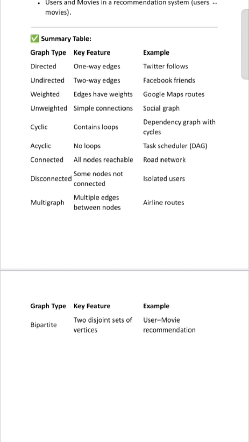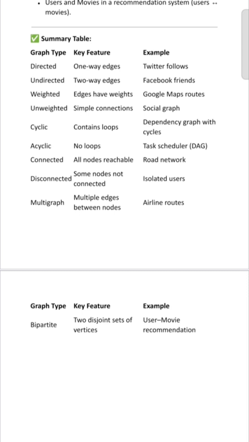We can see the relationship between nodes and we can reach any particular node, that is known as a connected graph. The example is a road network. As we see in Google Maps, it shows the road network connecting one source to the destination.